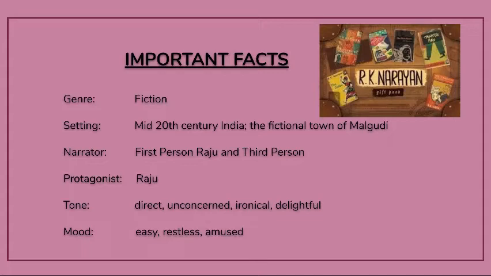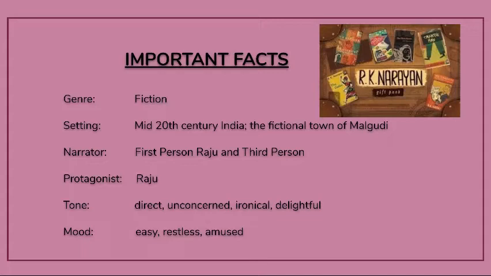Now, the second fact related to the novel The Guide is its setting. So, what is the setting of the novel? The setting of the novel is the mid-20th century of India. Now, the word setting is synonymous to backdrop, and it is the time and geographical location within a narrative.